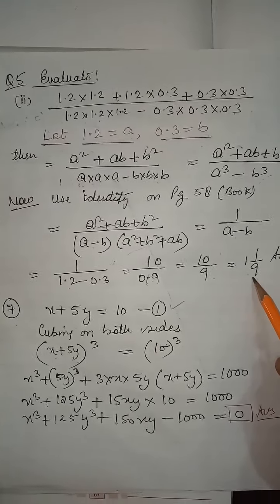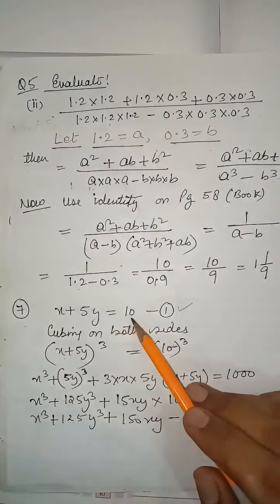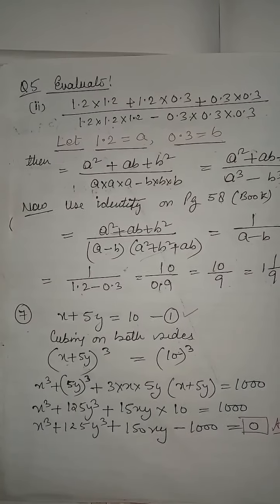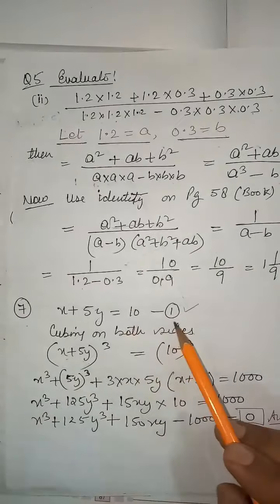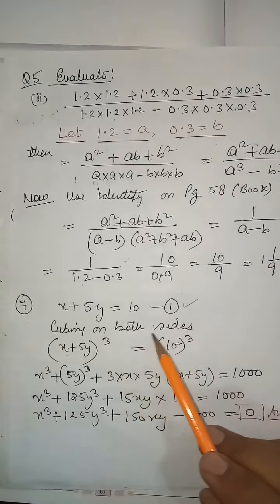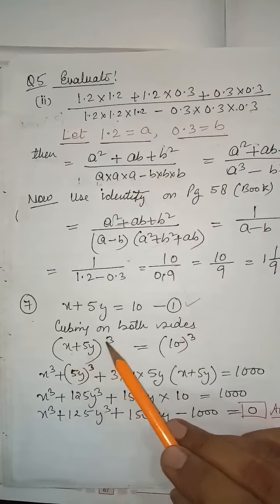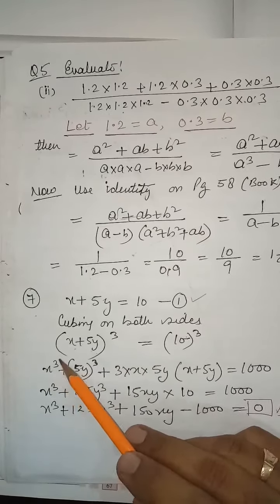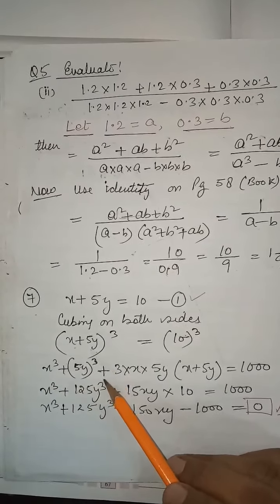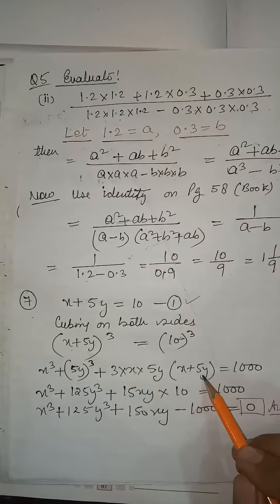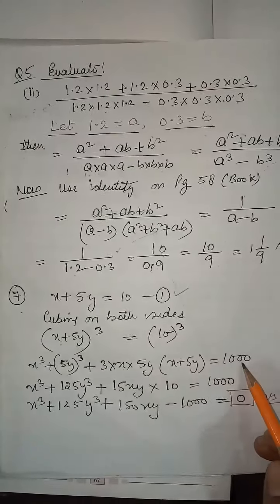Now question number 7, x plus 5y is equal to 10 and find the value of the given expression. So let us suppose this equation as first equation, cubing on both sides. Now apply the formula of (a + b) whole cube. So what is the formula? x cube plus (5y) whole cube plus 3 into x into 5y, (x + 5y) is equal to 1000.